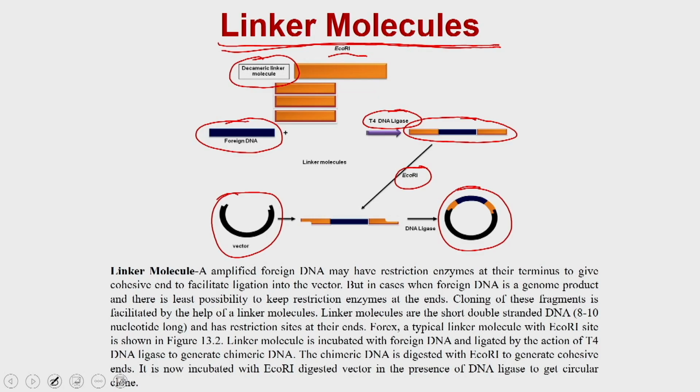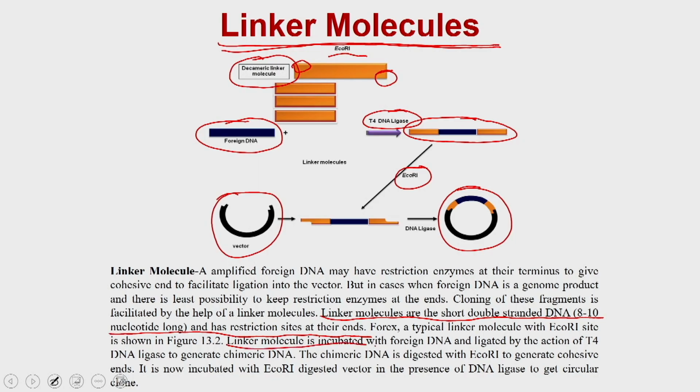the chimeric DNA. So, the linker molecules are short double stranded DNA of 8 to 10 nucleotides and have restriction sites at their ends, which means you have an EcoR1 site on this side, you have an EcoR1 site on this side. Okay.